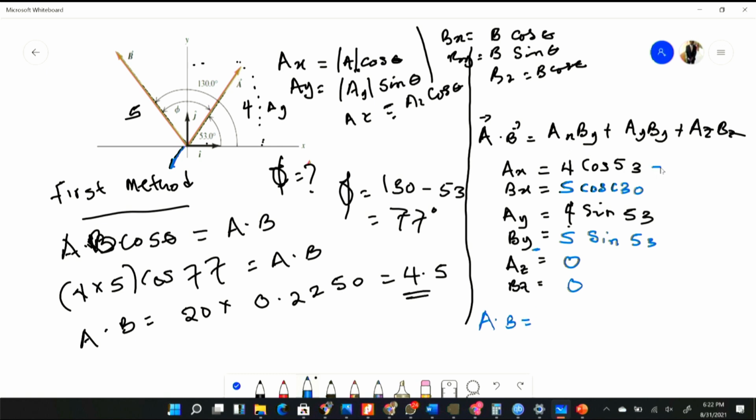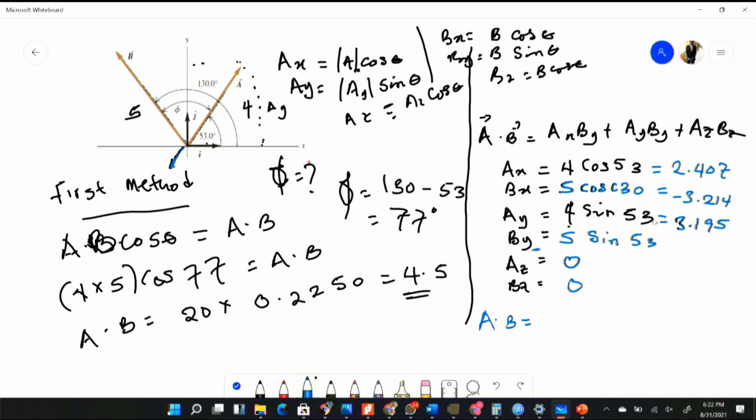So if I substitute here, I have my A dot B to be my AX and BX. But initially, what is 4 cos 53? 4 cos 53 will give me 2.407. And for my BX, I'm going to get minus 3.214. And what is 4 times sine 53? 4 times sine 53 will give me 3.195.